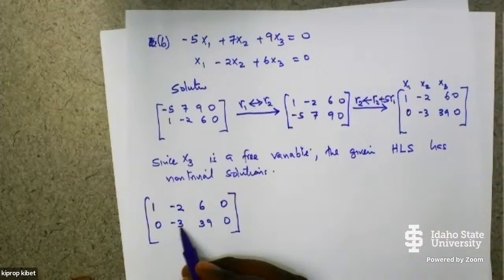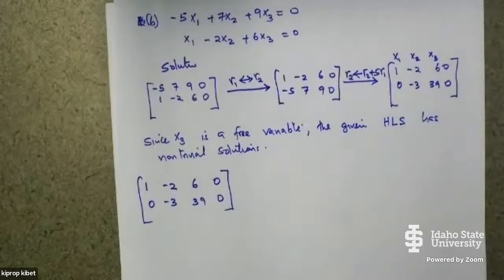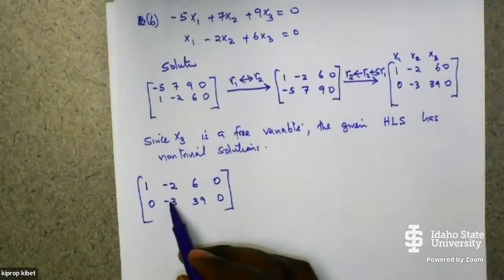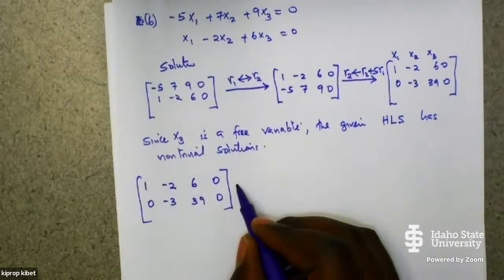So we have the pivot positions here. We need to reduce this augmented matrix completely. First of all, we need to make this one to be 1, and then we make this one to be 0.